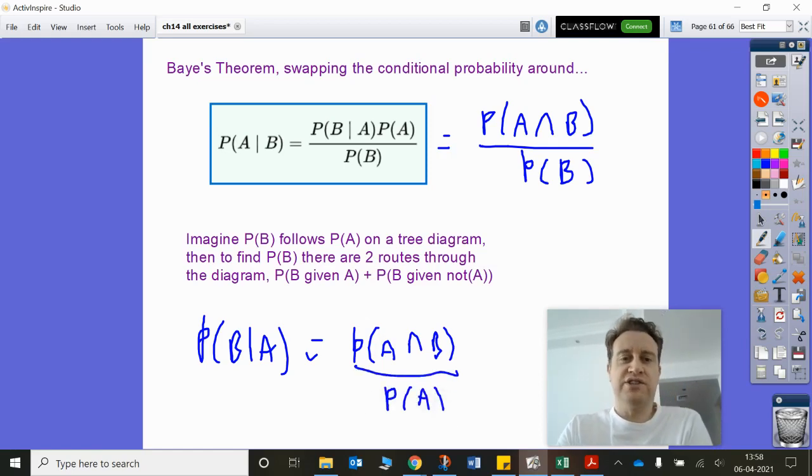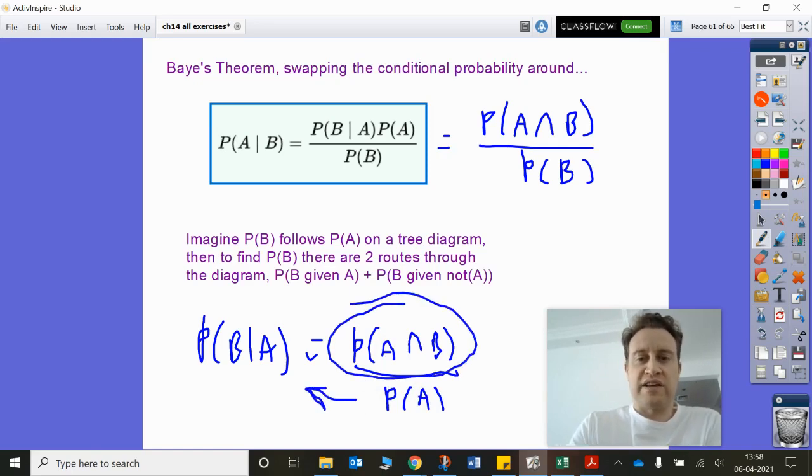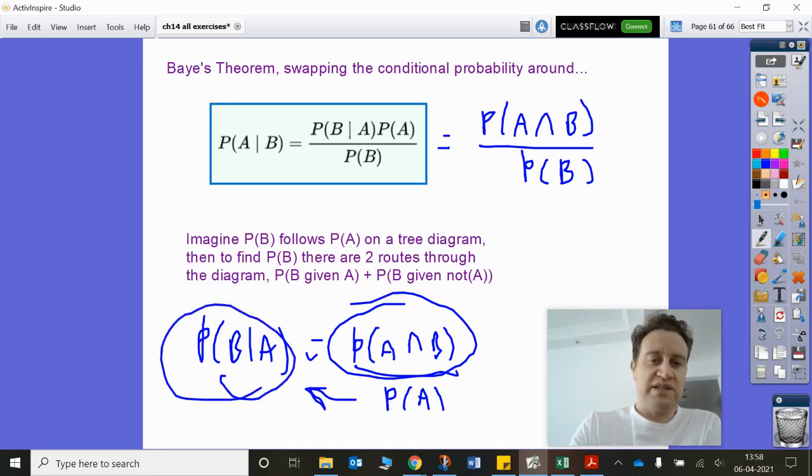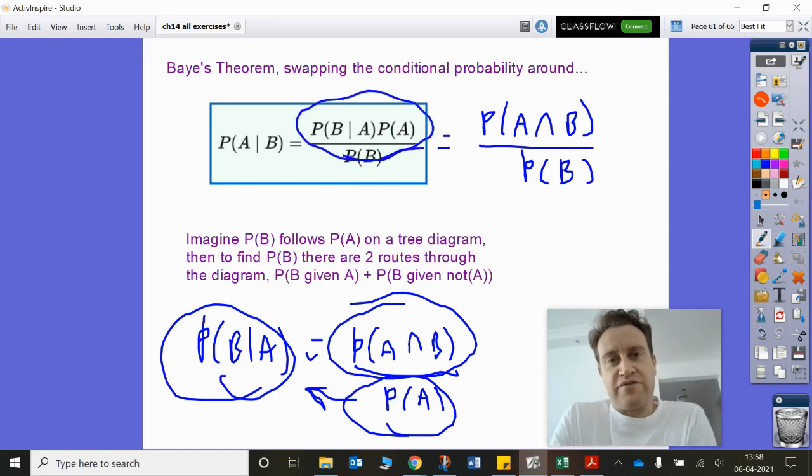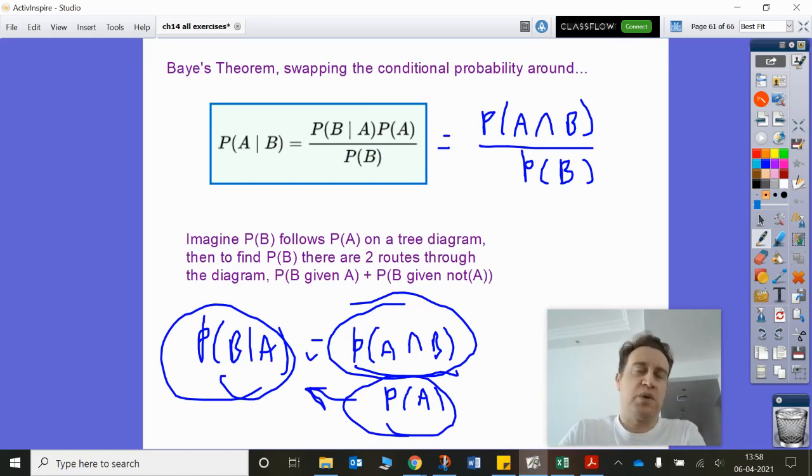So if you rearrange that, if you times by the probability of A there, you've got the fact that the probability of A and B is the probability of B given A times by the probability of A. So that's where we're getting this top part from here. The idea of this is to switch around your conditional probabilities.